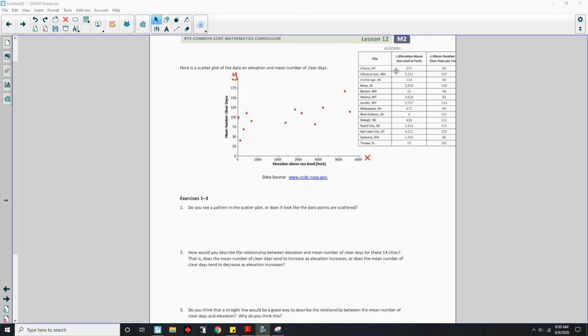Okay, so let's make this a little smaller. We can see all of the data that is posted here, just like this, x and y. Number 1 says, do you see a pattern in the scatter plot? Or does it look like the data points are scattered? Well, if you look, they're kind of squeezed together in this vicinity here, and that would look kind of linear.